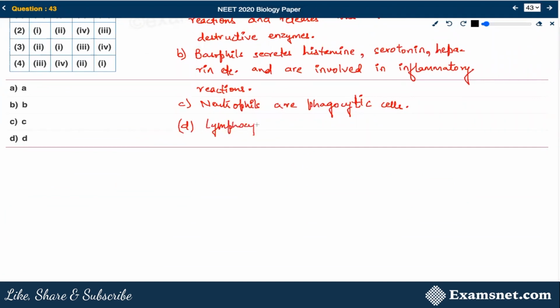They are responsible for immune responses of the body.